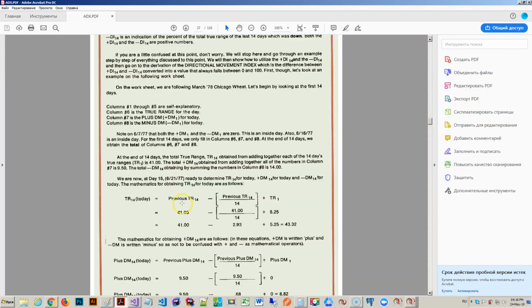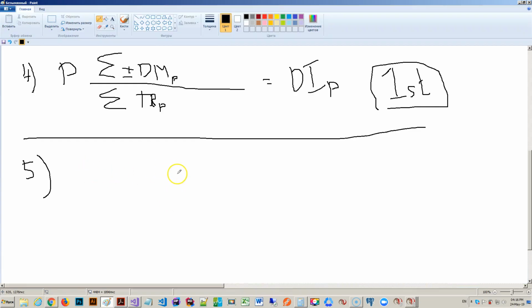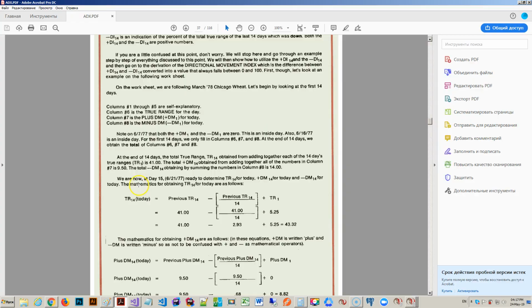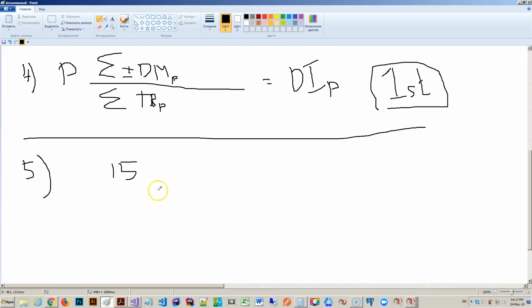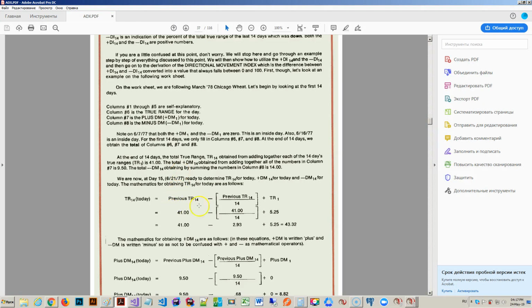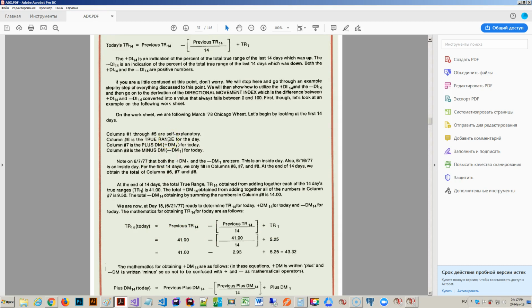Let's say you are on day 15. You would take the previous true range, which for the first 14 is the sum of the true range, then divide the previous true range by 14 and add the current true range, and that's how you get the true range for today. This is something called the, I'm not sure what he names it.